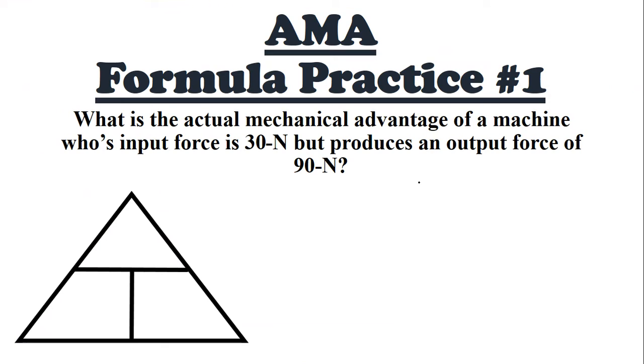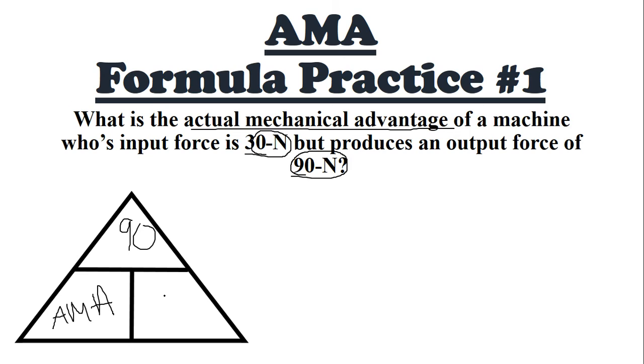Well, let's do a practice question. What is the actual mechanical advantage of a machine whose input force is 30 newtons and output force is 90 newtons? Since we're trying to find actual mechanical advantage, we're going to leave AMA in the triangle. At the top goes the output force of what the machine does, so that's 90.